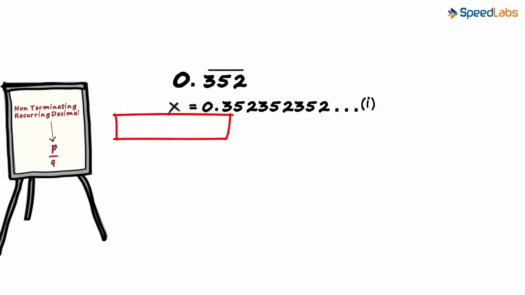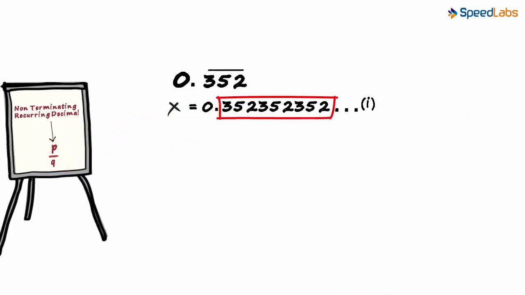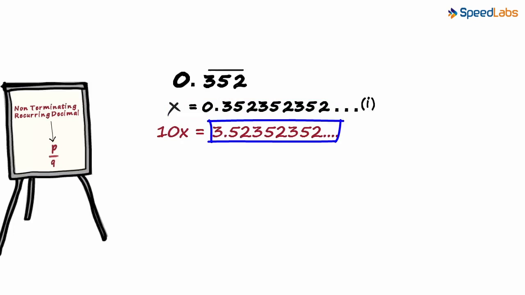To convert this to the p by q form, we need to eliminate the recurring part. The only way to do that is to have two equations with the recurring part on the right-hand side of the decimal point. If we multiply this equation by 10, we will get 10x equal to 3.52, 352, 352 and so on.